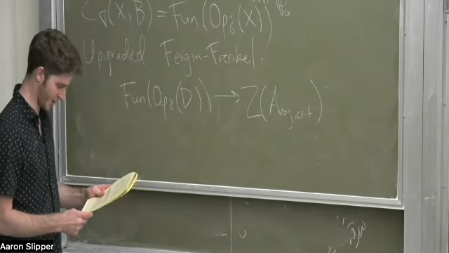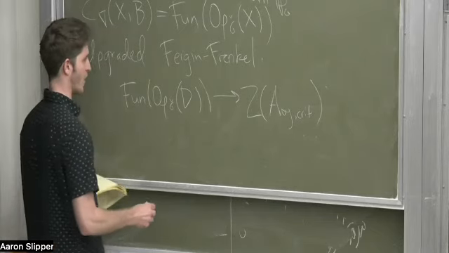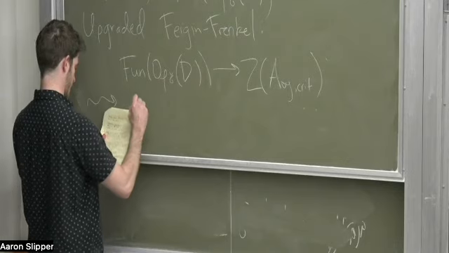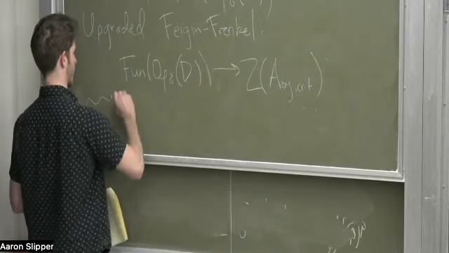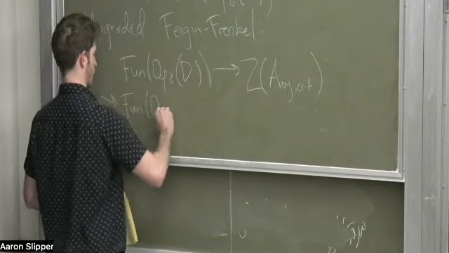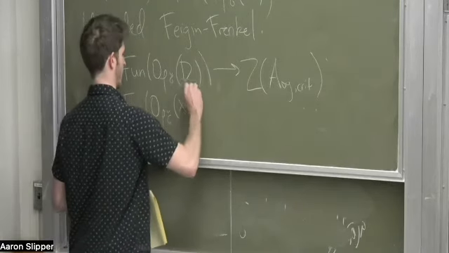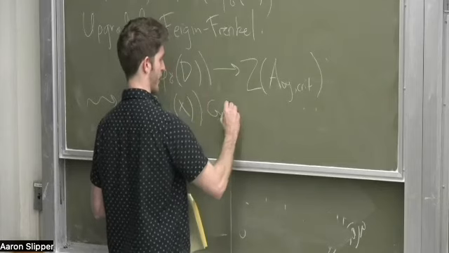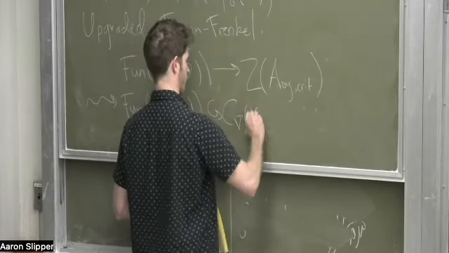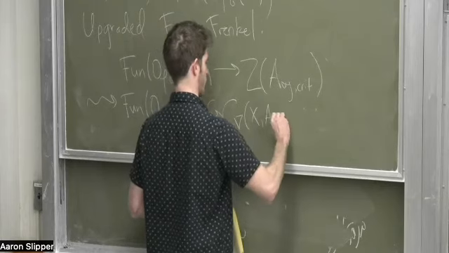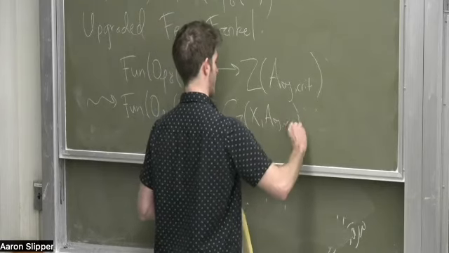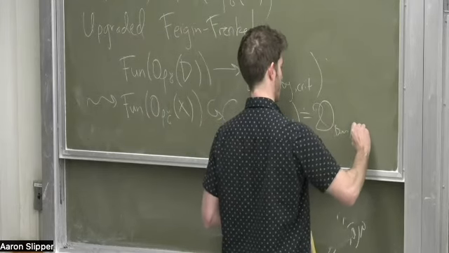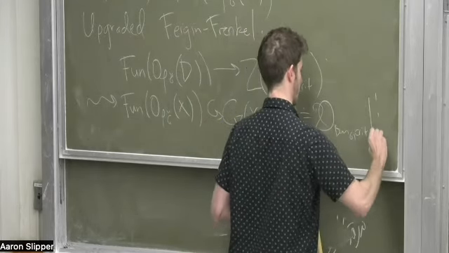Okay, so this is the datum that we would want from Feigin-Frenkel, and then the construction, the proposition over there, is going to give us an action of functions on global opers on the chiral homology of A, which again is this fiber of critically twisted differential operators at the trivial level.